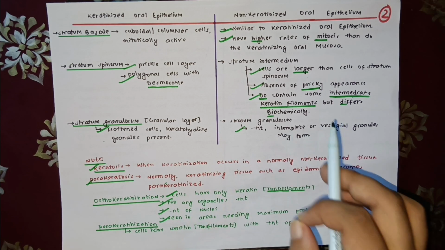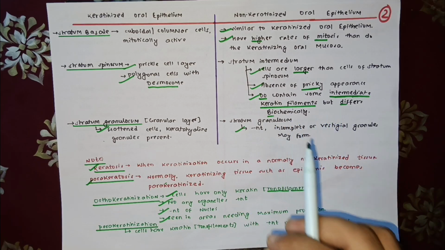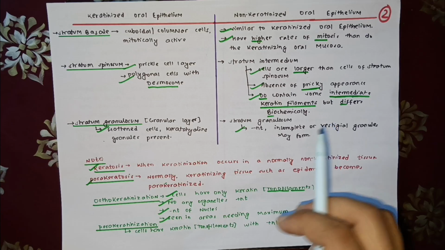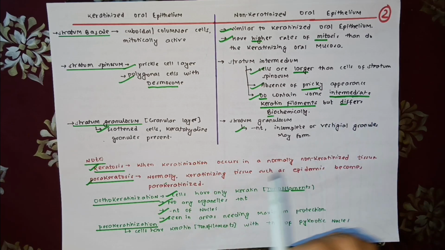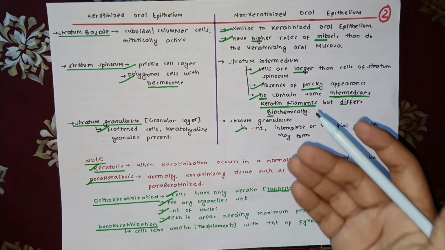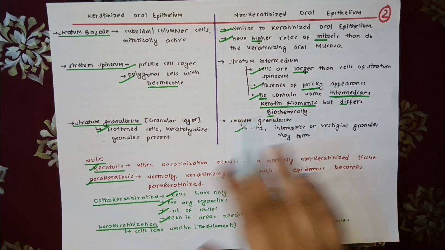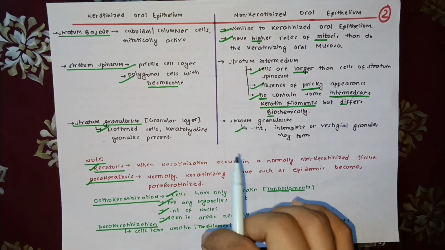In orthokeratinization the superficial layer contains only keratin; there is no chance of nuclei or cells, so how would organelles be present? That layer is just dead and keratin is deposited there.